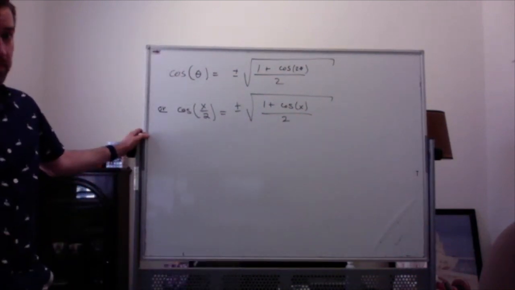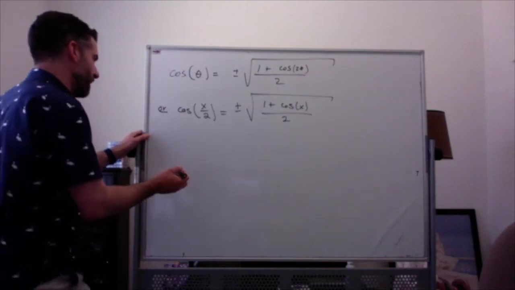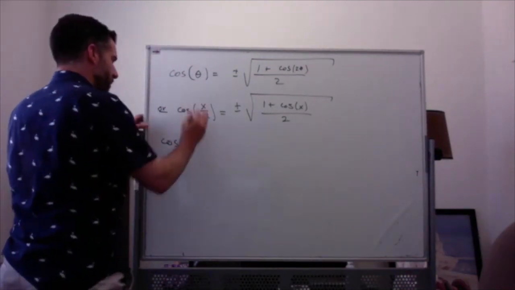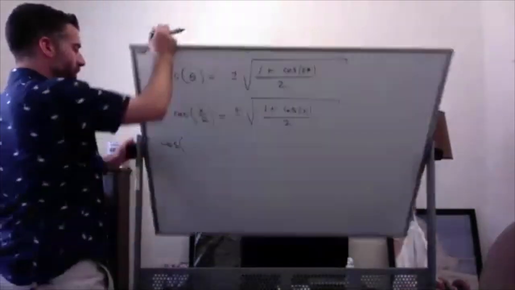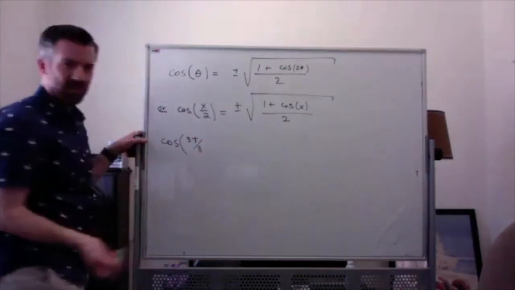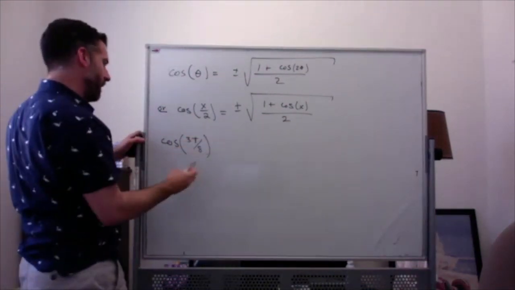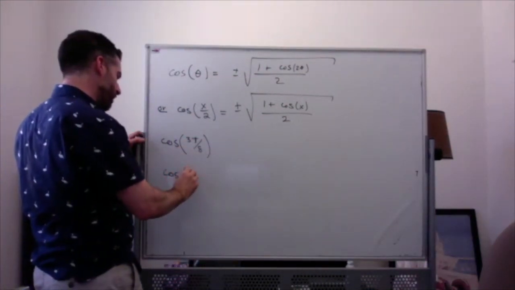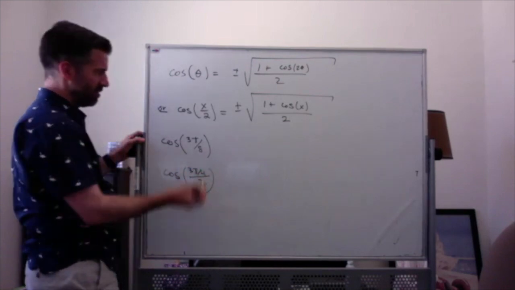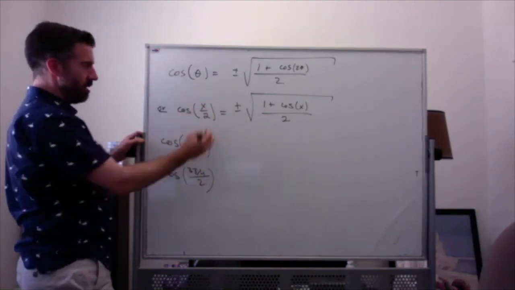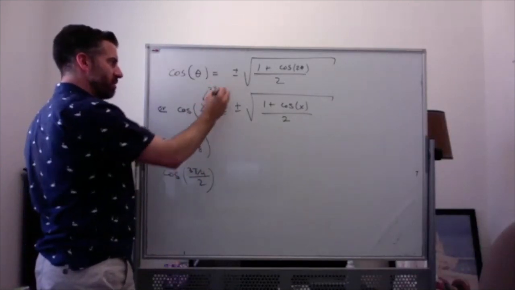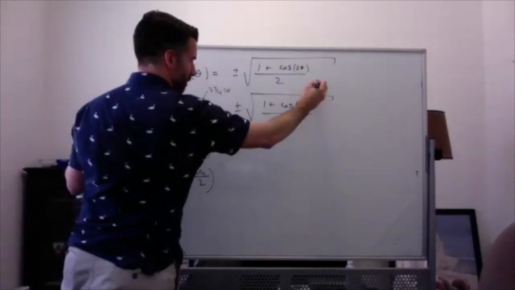For example, if I was going to find the cosine of, well, the same problem as before, 3 pi over 8, it would be weird, but I would say that's cosine of 3 pi over 4 divided by 2. So I can use this formula, and then my x is 3 pi over 4. And so then that's what's ending up over there.